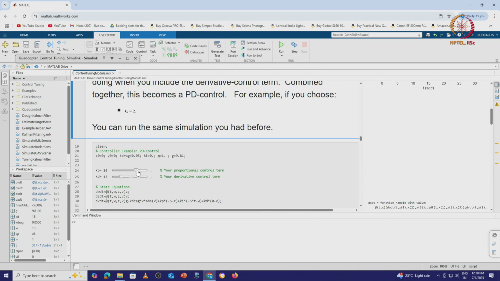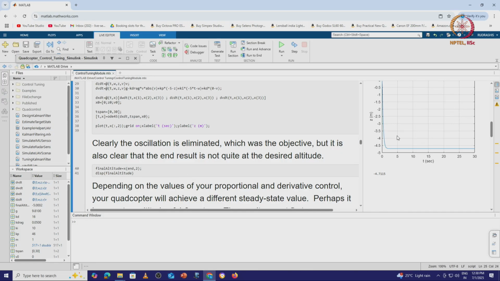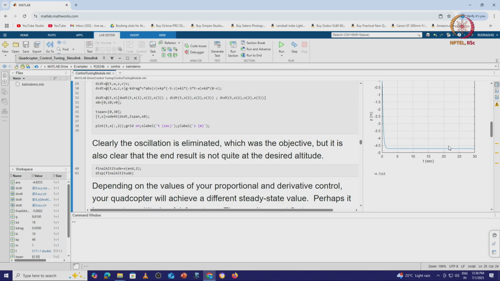So if I bring in the PD controller, I kept some values of proportional, and there is no integral gain, right. If I am putting just a PD controller, you see it is nicely going up and settling, and the time it takes is less than 1.5 seconds. It accelerates very fast to the desired altitude, but you see there is a steady state error.